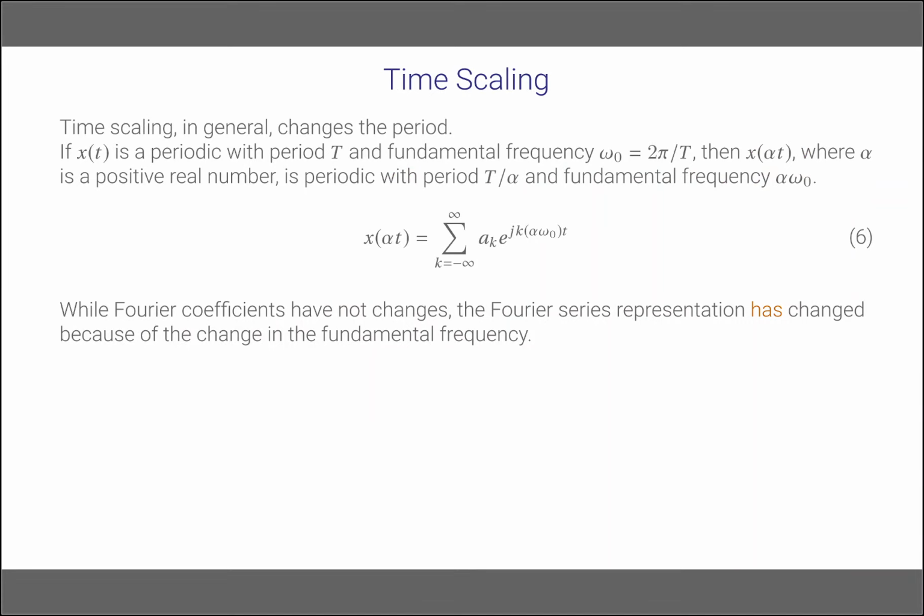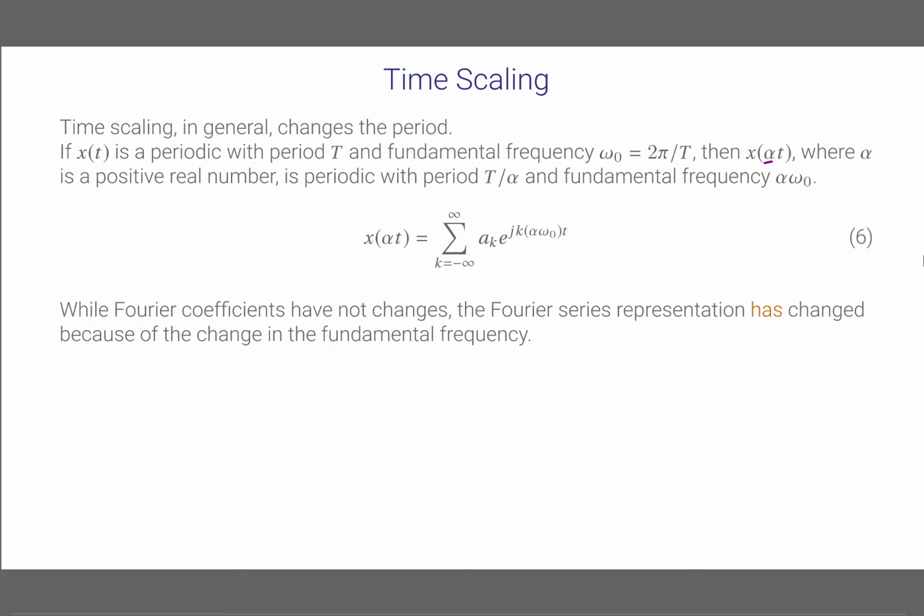Okay. Then time scaling. Time scaling in general changes the period. If x(t) is periodic with period T and fundamental frequency omega naught = 2 pi over T, then x(alpha t), where alpha is a positive real number, is periodic with period T divided by alpha, and the fundamental frequency is alpha omega naught.